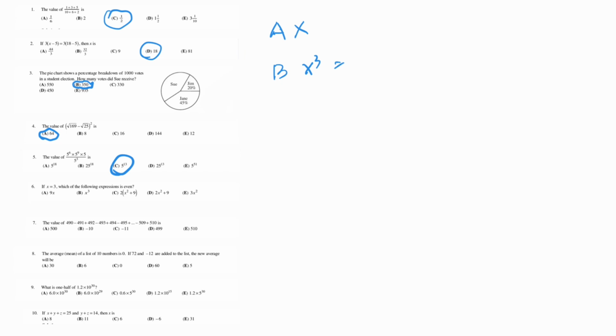X is 3. Odd number times odd number is always odd. C, 2 times x squared plus 9. 2 times any number gives an even number. So the answer is C.